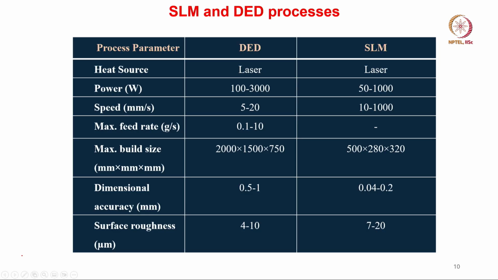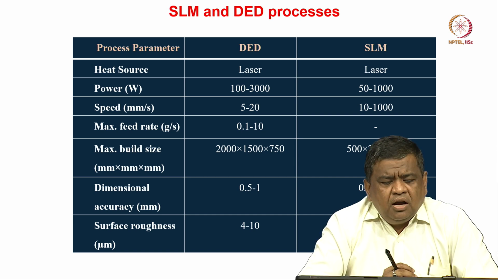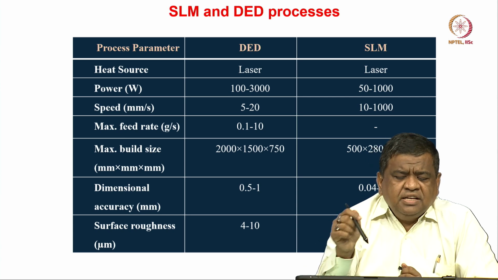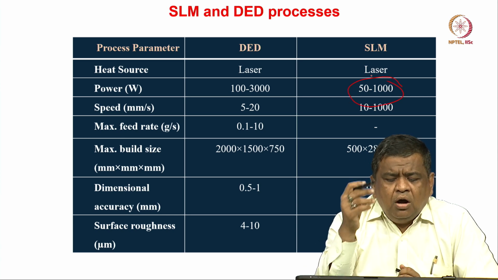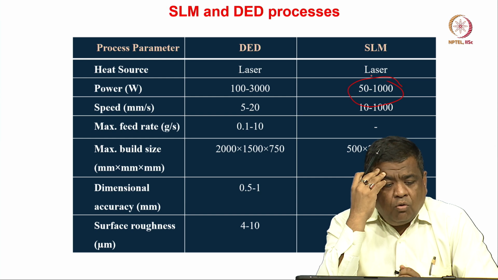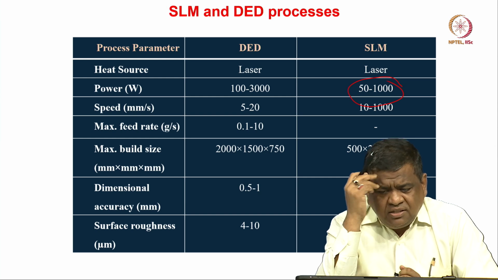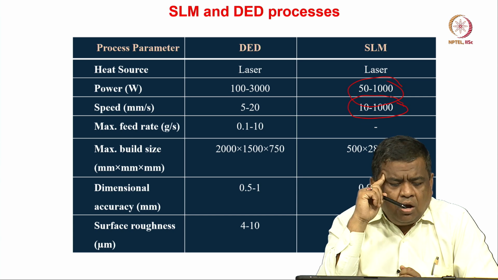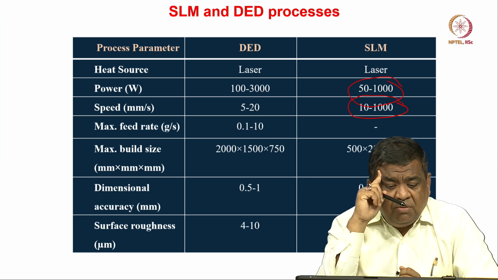In terms of the process parameters used in these two techniques, in the DED technique you can use power of 0.1 to 3 kilowatt, whereas in SLM it can go from 50 watt to 1 kilowatt. Speed wise, SLM is much higher, like 10 to 1000 millimeter per second.